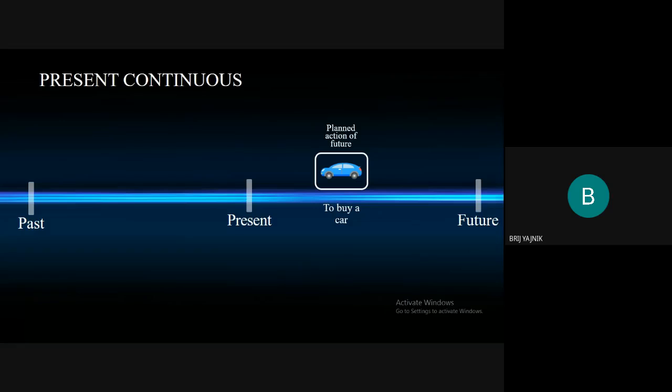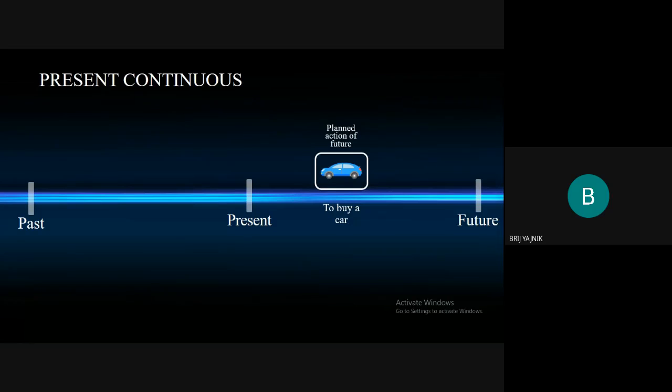So this is my future plan, in other words. And my plan is to buy a car. So let's say right now it's July. I'm talking about my plan for the month of December, where I want to buy a car.